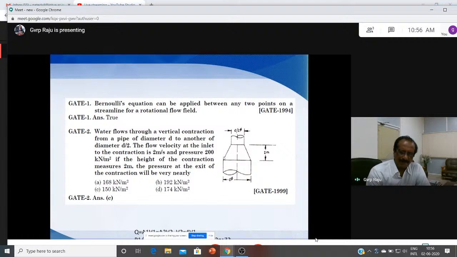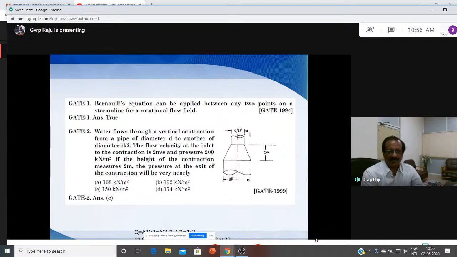So Z1 is the datum. This is a vertical position of the pipe. If you take a datum here, Z1 is 0, and here Z2 is 2 meters. Now take P1 by W. He has given the flow velocity at the inlet of the contraction as 2 meters per second and the pressure as 200 kilonewton per meter square, which is P1. He has asked us to find P2, the pressure at the exit of the contraction.